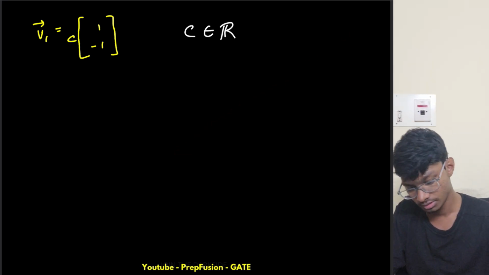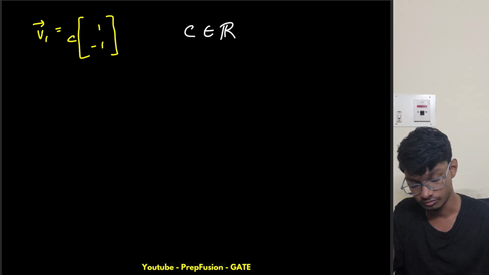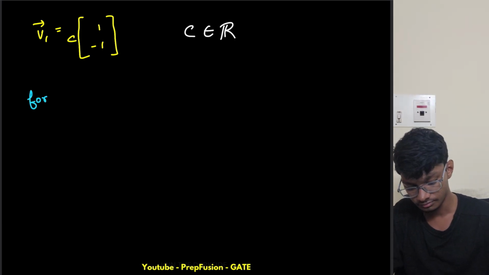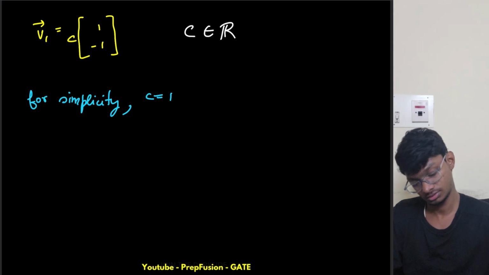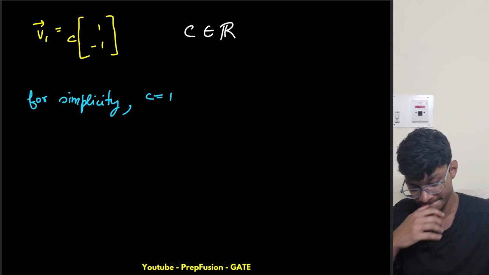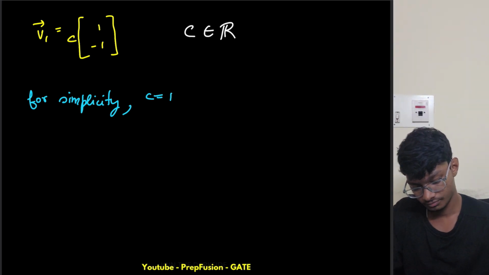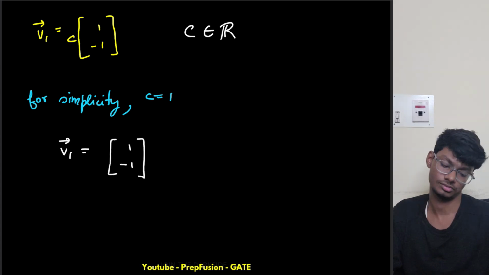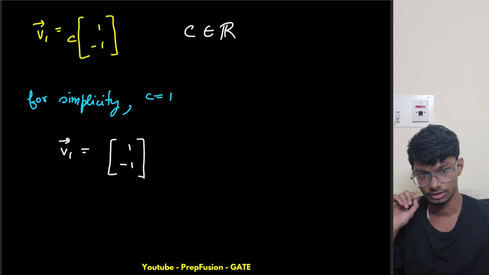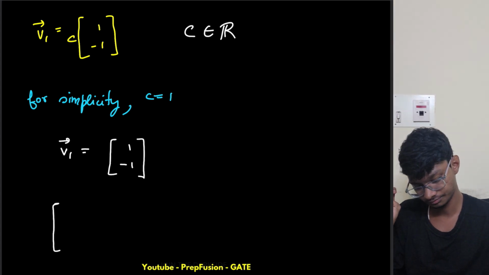Okay, so now let us solve for v2, but first, for simplicity, c equals 1. So v1 equals 1 minus 1.